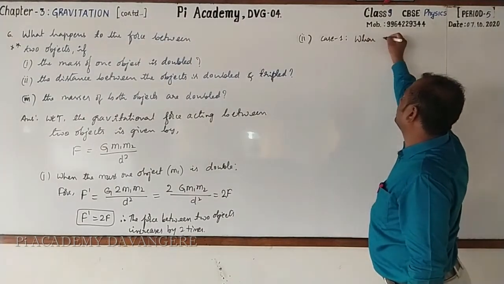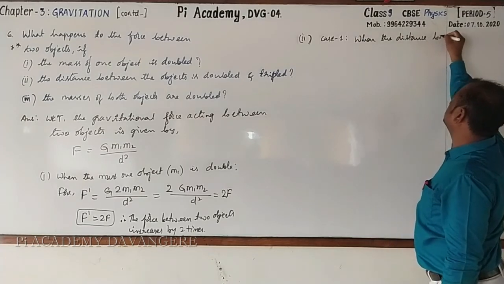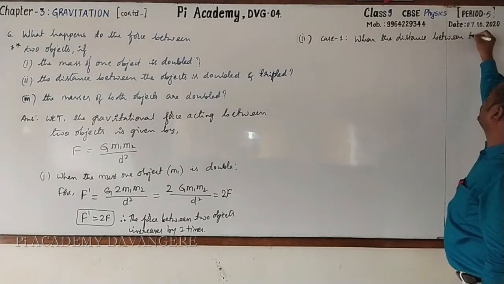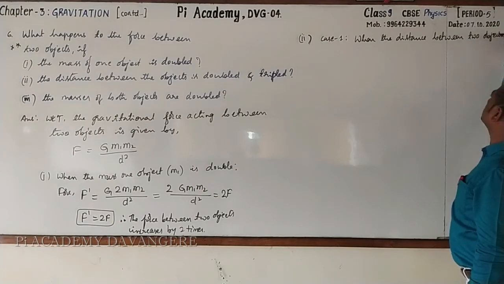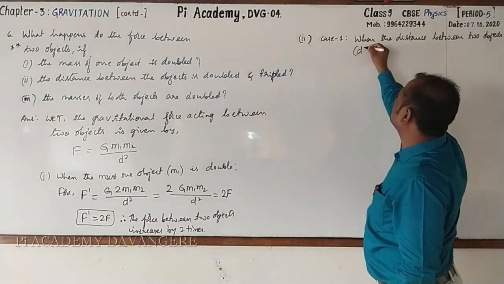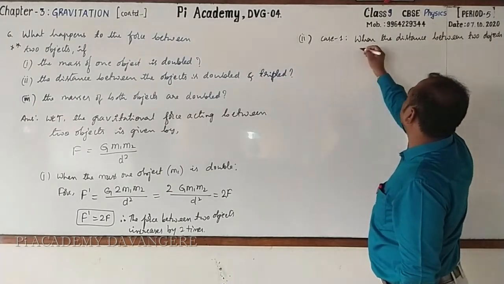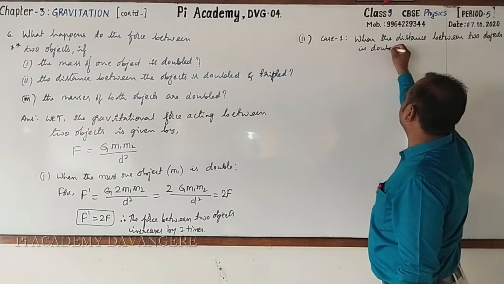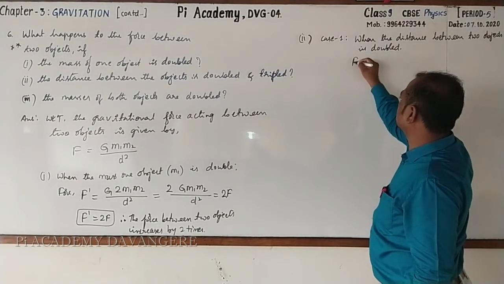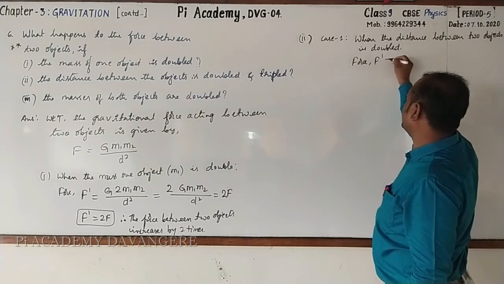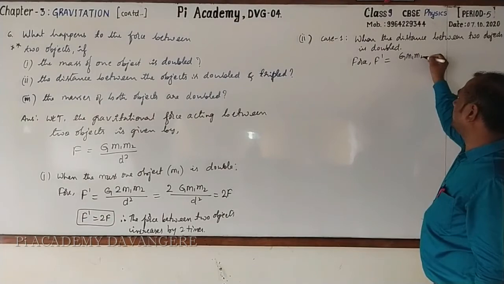When the distance between two objects, that is D, is doubled, then we can write the new force as F dash is equal to G M1 M2 by D square.